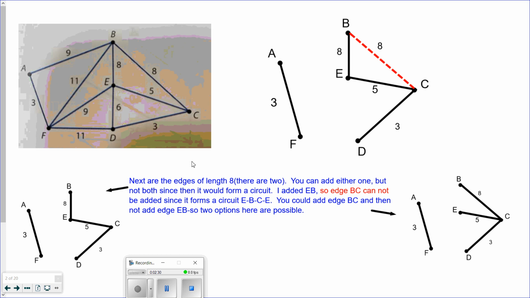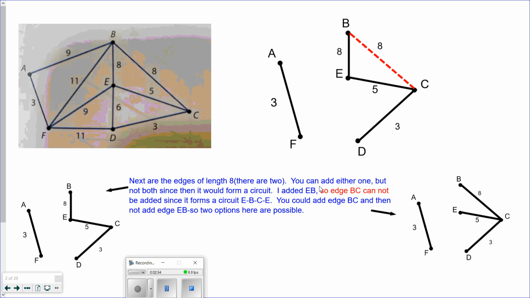So if I continue on past the 6, then the next minimum ones would be the 8's, and there's an 8 from B to E, and there's an 8 from B to C. So I added the BE edge of 8, but I cannot add in the BC edge of 8 because otherwise I would make a loop again.